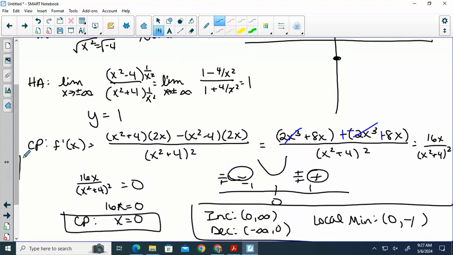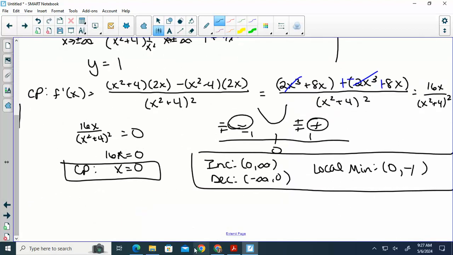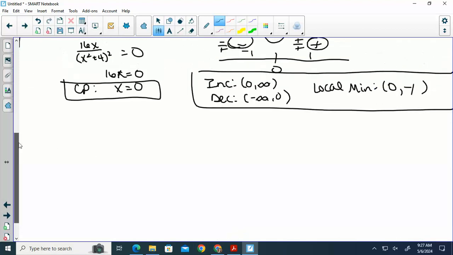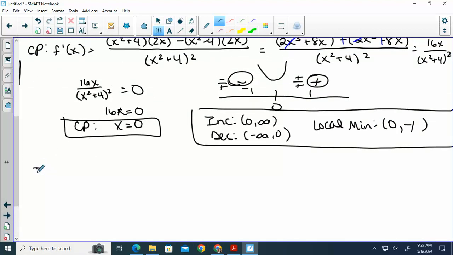All right, how do we find inflection points? Second derivative equal to 0. Okay, so low d high, derivative of 16x is 16, minus high d low.